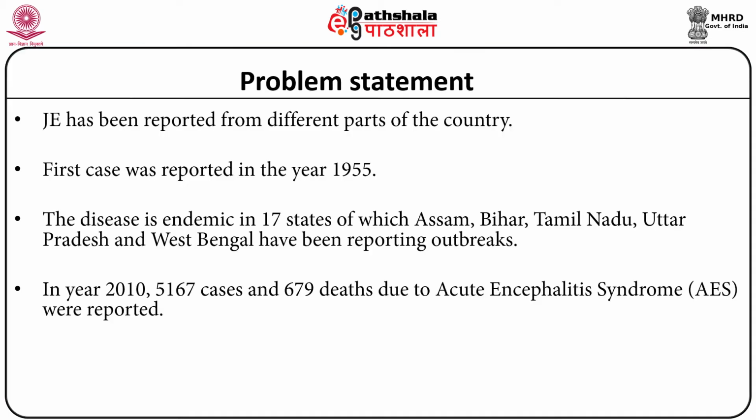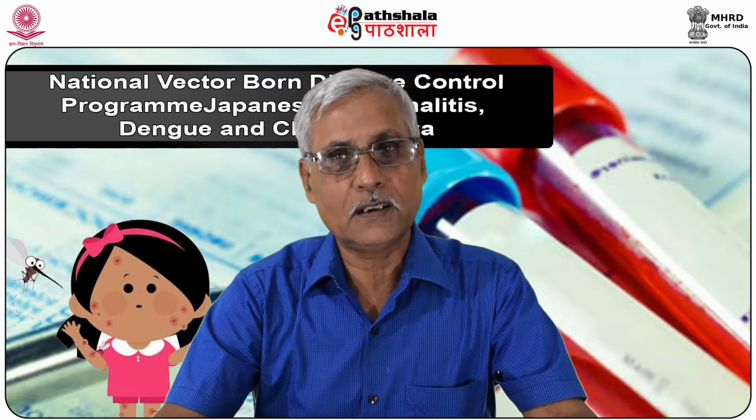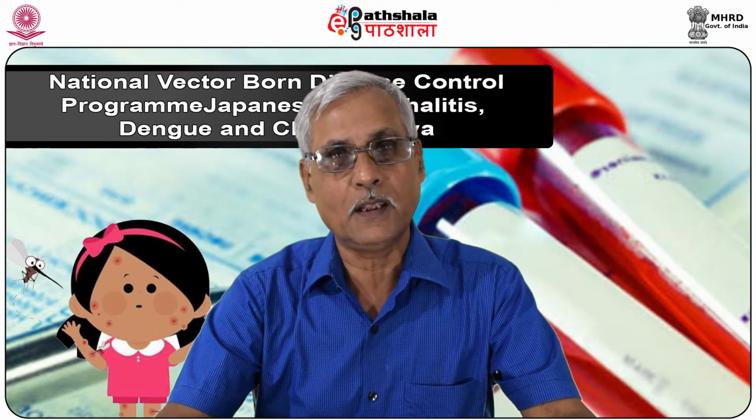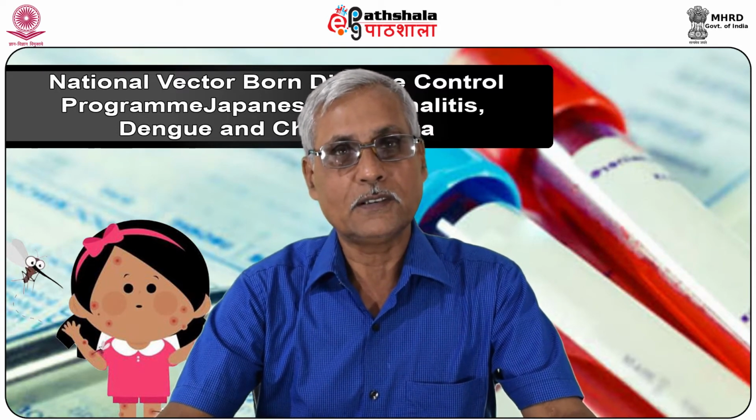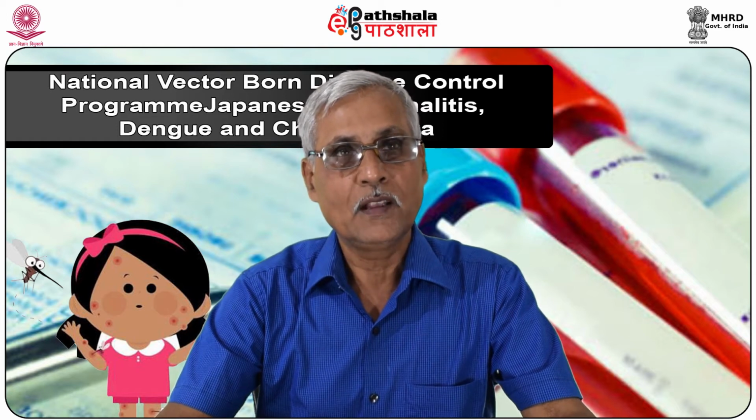In the year 2010, 5,167 cases and 679 deaths due to acute encephalitis syndrome were reported. Of all the cases of acute encephalitis syndrome, a considerable number are contributed by Japanese encephalitis. Other agents may be waterborne, that is bacteria and other viruses.